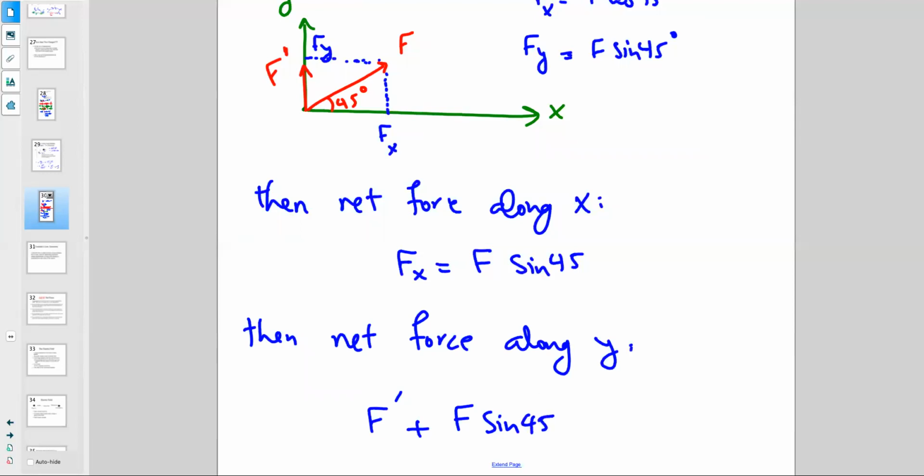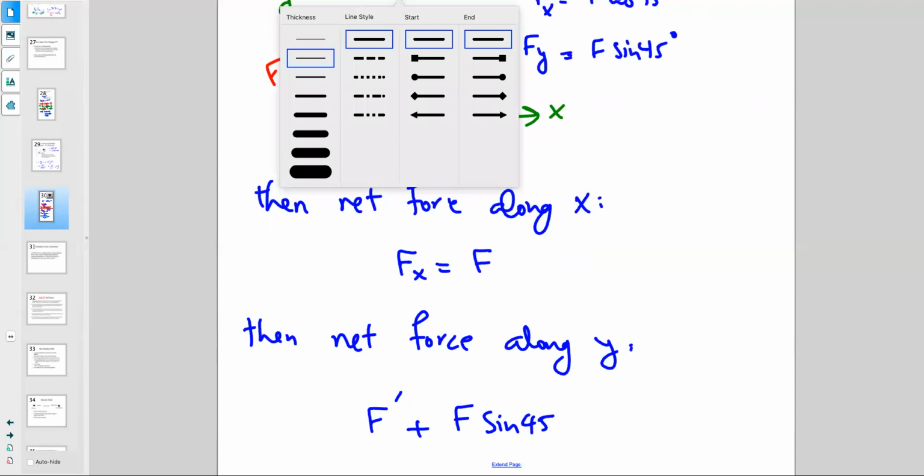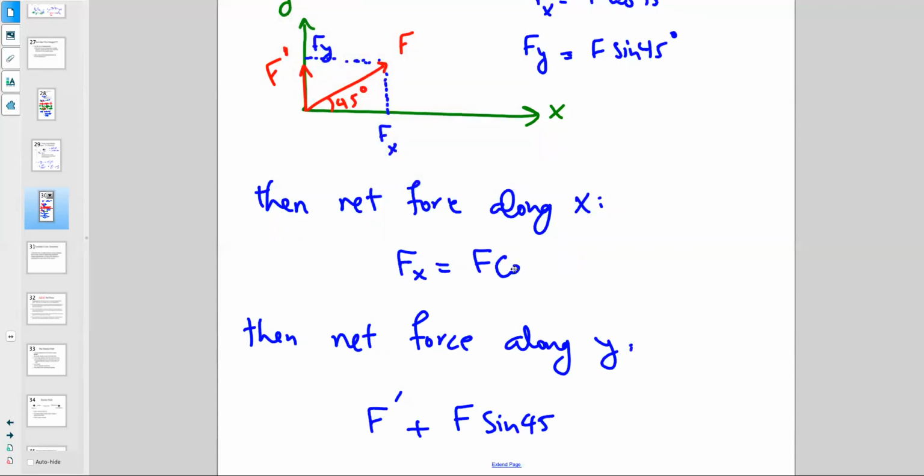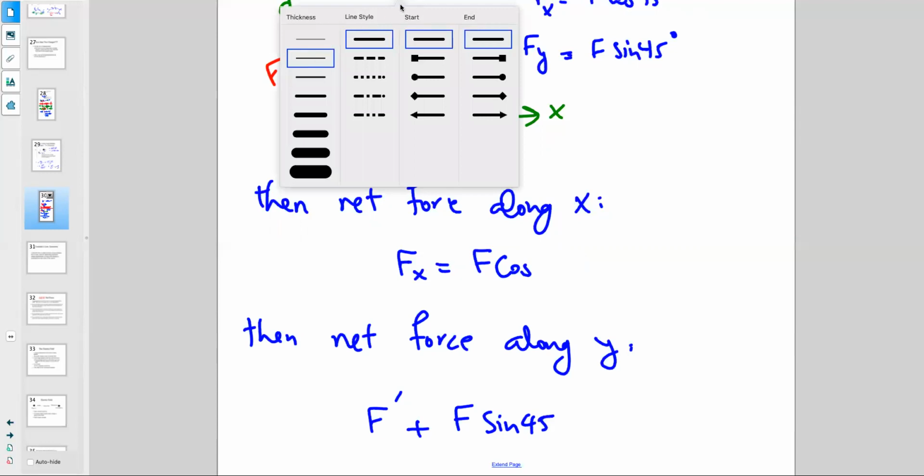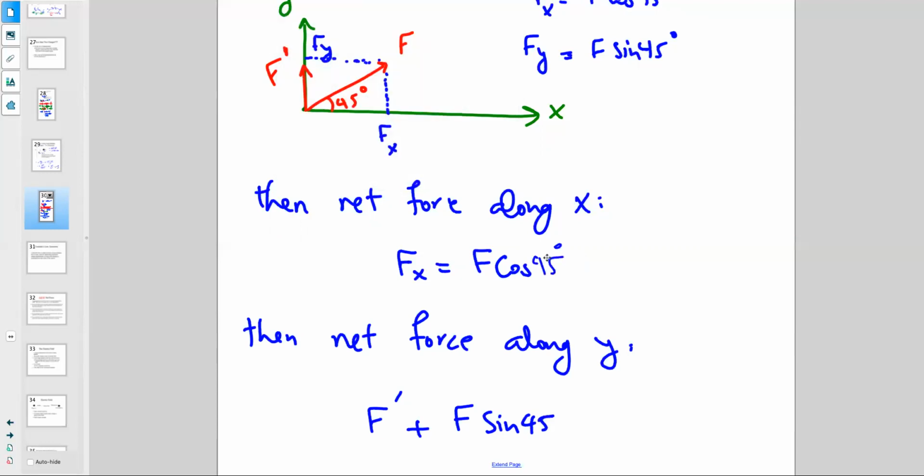And by the way, this is cosine along the X direction. It doesn't matter because it's 45 degrees, sine and cosine are the same. But it's important to be consistent. So this is cosine of 45 degrees. Okay, as I said, sine of 45 degrees and cosine of 45 degrees are the same. If you don't believe me, just subtract them and you'll get 0. Okay, so the net force along the Y direction is that.